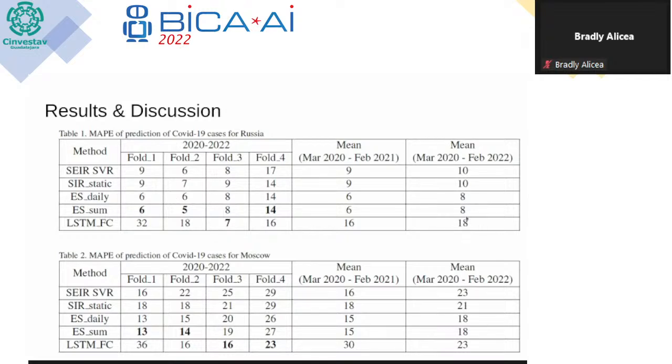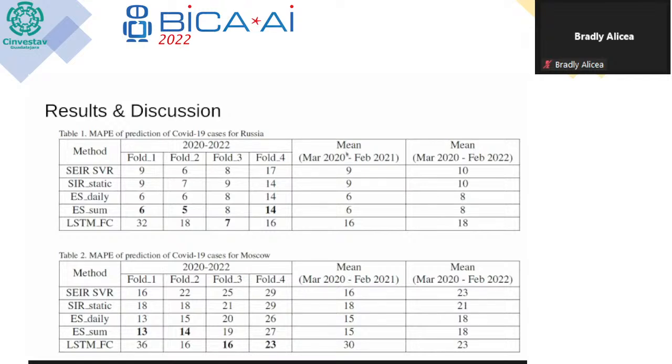So the difference between LSTM for Russia and simple models is pretty significant. But for other regions such as Moscow, it's pretty similar. And for the last cases, it even shows slightly better results for the last folds.